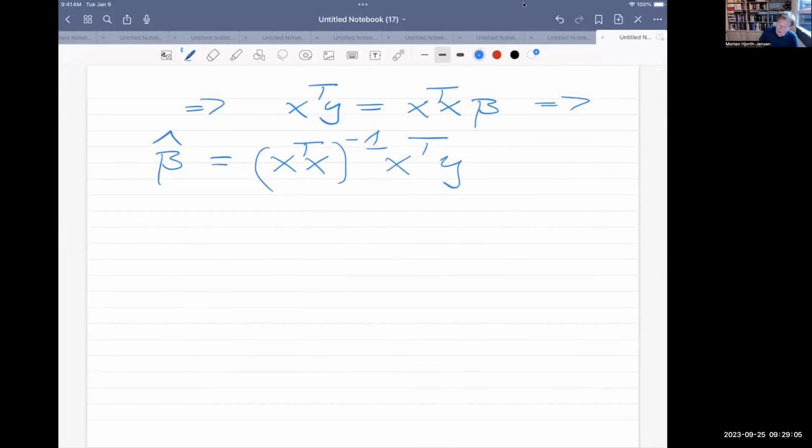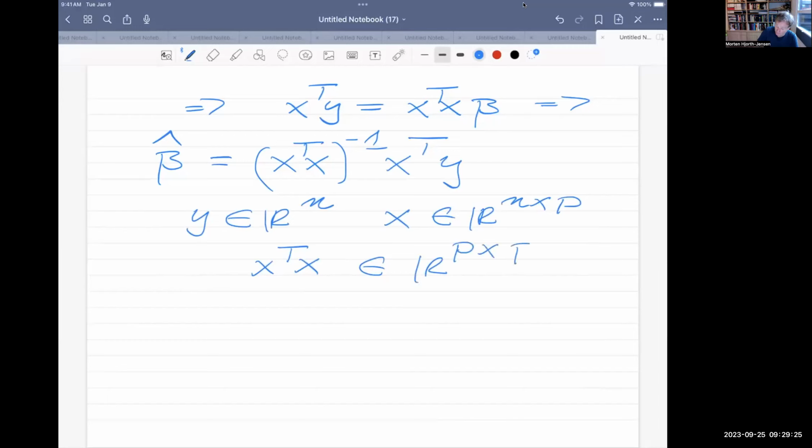Now we remember that y is a vector of length n. X is a matrix of dimension n times p, which means that when we take X transpose times X, that's a matrix of dimension p times p. So we have a matrix which we have to invert, X transpose X, of dimensionality p times p.